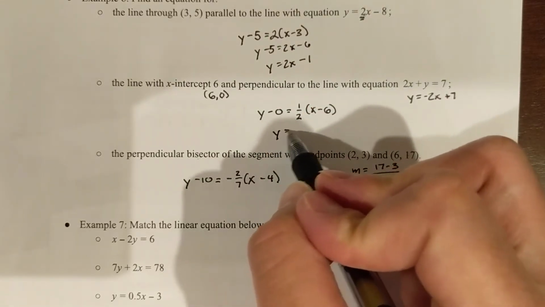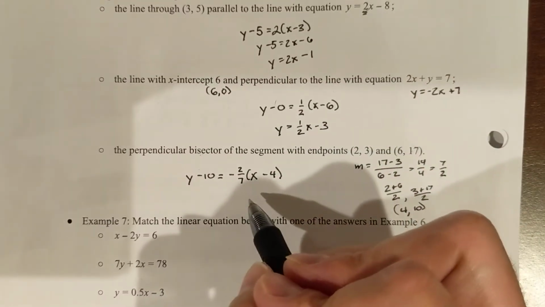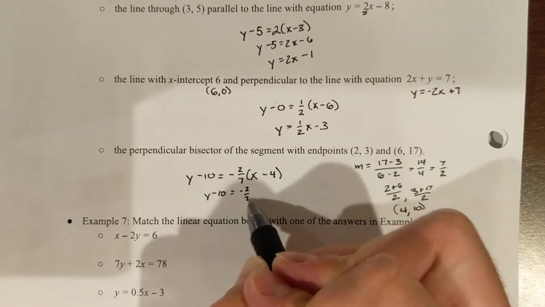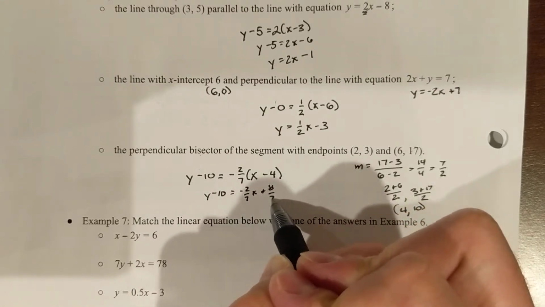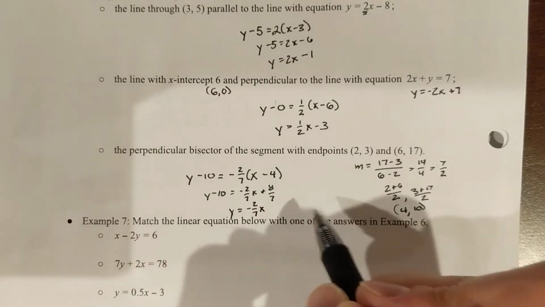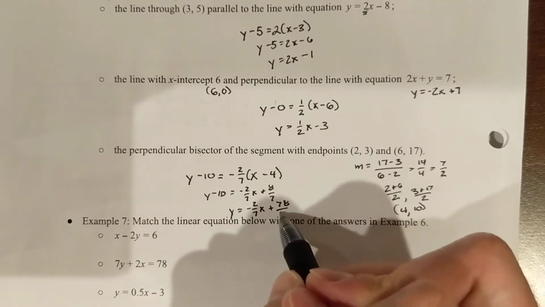This one is y is equal to 1/2 x minus 3. The 0 disappears. This one, y minus 10 is equal to -2/7 x plus 8/7. So y is equal to -2/7 x, plus, that's actually 70/7 plus 8/7, so 78/7.